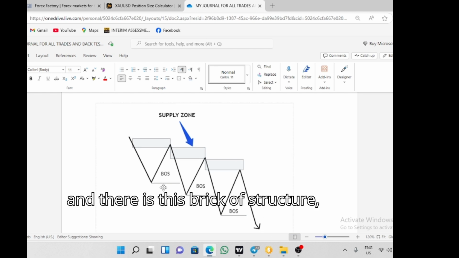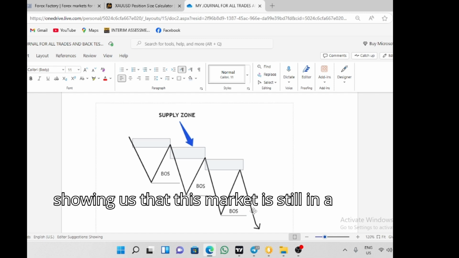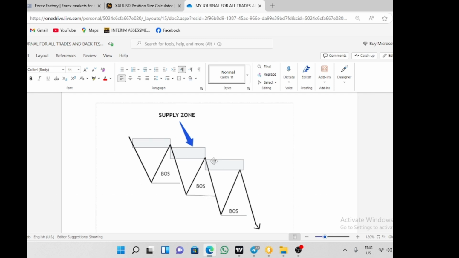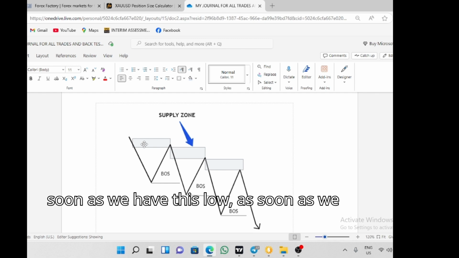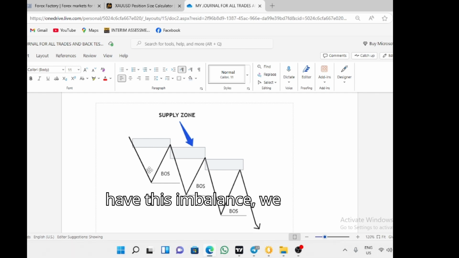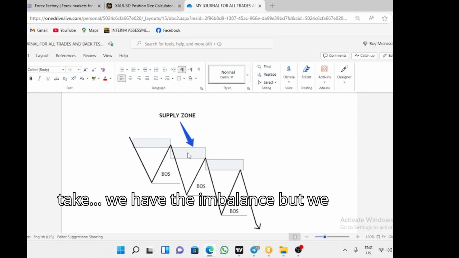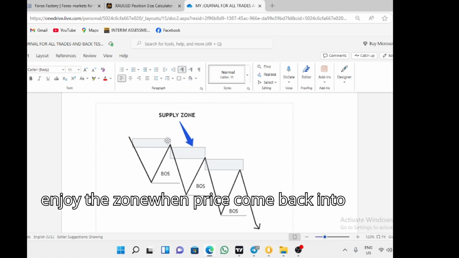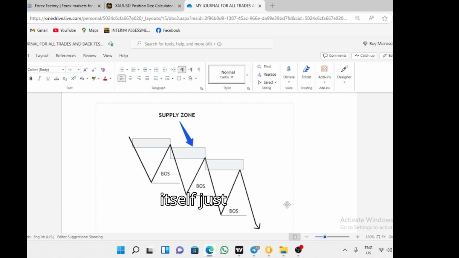And there is this break of structure, break of structure, break of structure, showing us that this market is still in a downward movement. So as soon as we have this imbalance, we draw the zone. When price comes back into it, we sell. Just like that.